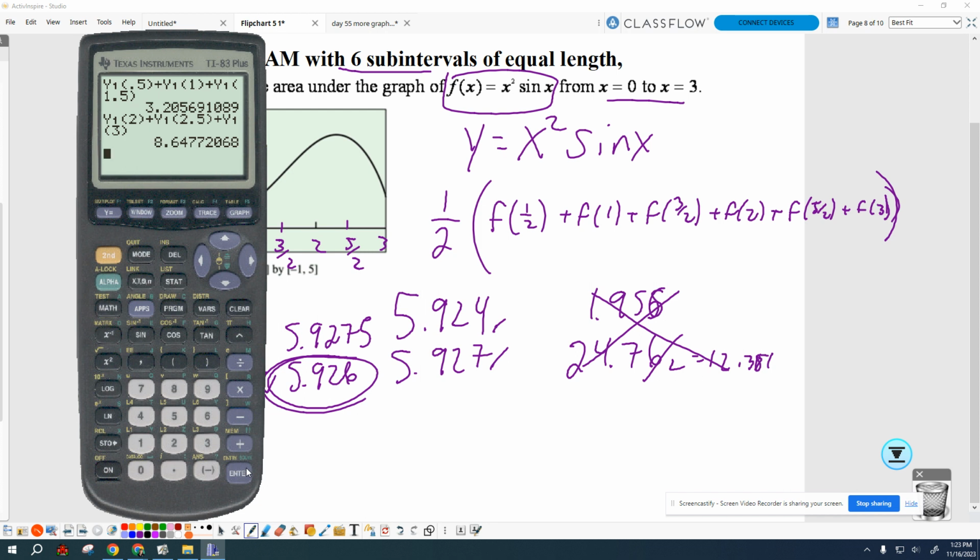I could have added all 6 together. I copied this. How did I copy it? If you do second entry, it brings up the last thing you typed. So right now, if I say plus, it takes my last answer.